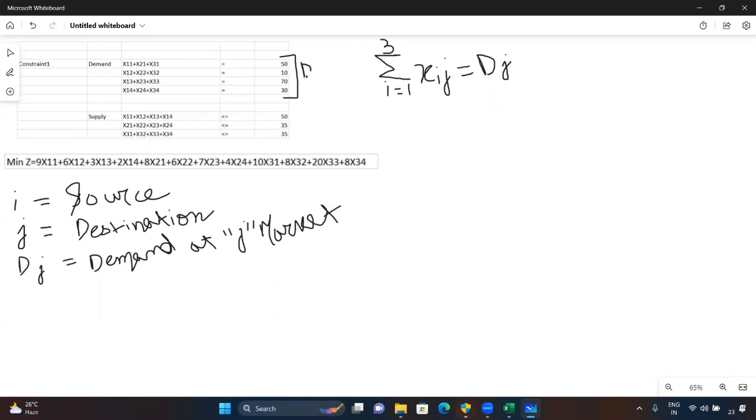These are nothing but the demand of that market, right? These are just notations, and they help us formulate a more compact mathematical model. Instead of dj, you can also mention something like aj, bj, whatever you like. So dj is nothing but the demand at the jth market.